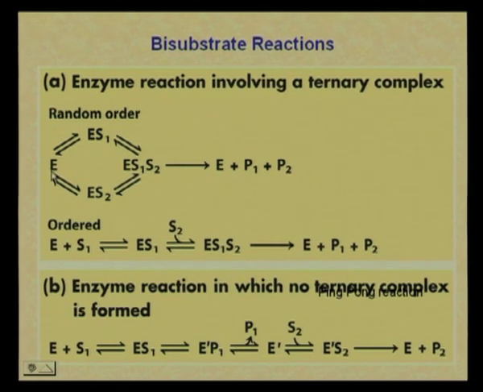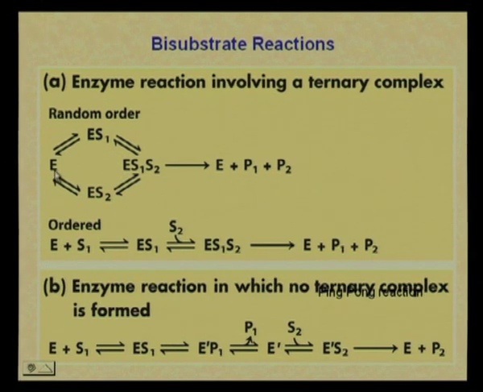So, this is what we mean by a random order. We have the enzyme. What can the enzyme do? It can form ES1 or ES2, a random order, and then what happens? It forms the ternary complex. What does a ternary complex mean? It means that you have E, S1 and S2 together. So, 3 components in the complex make it the ternary complex.